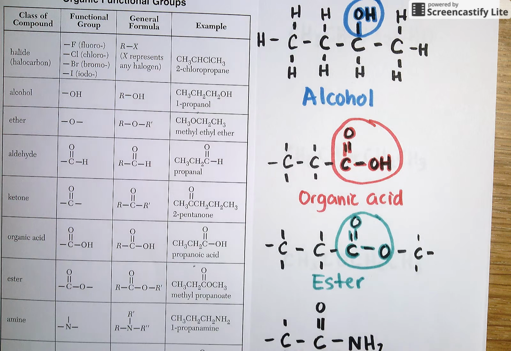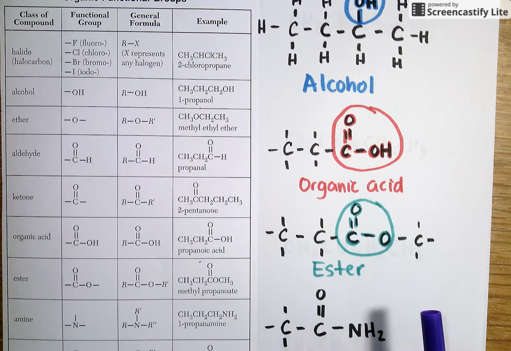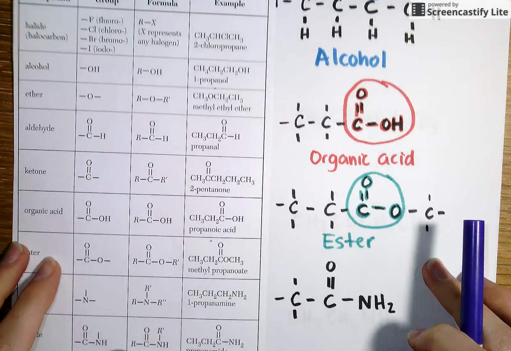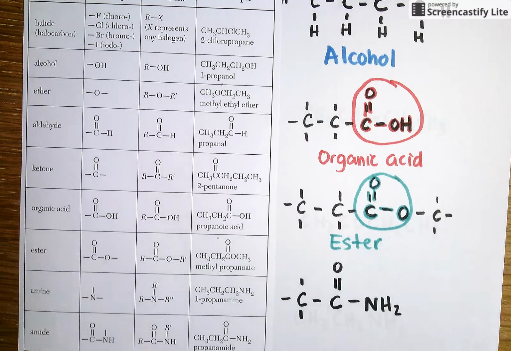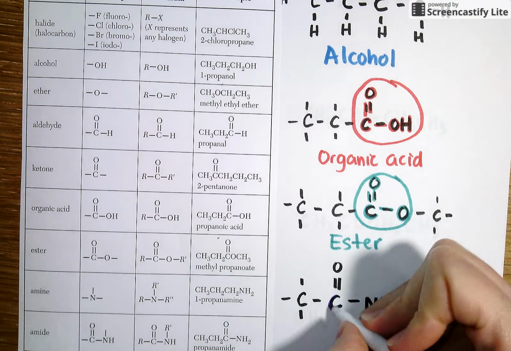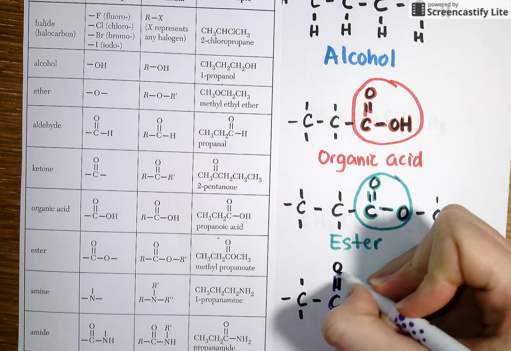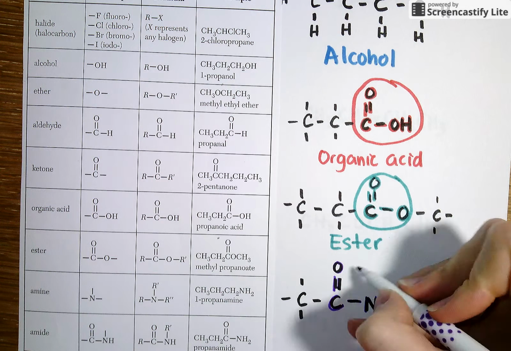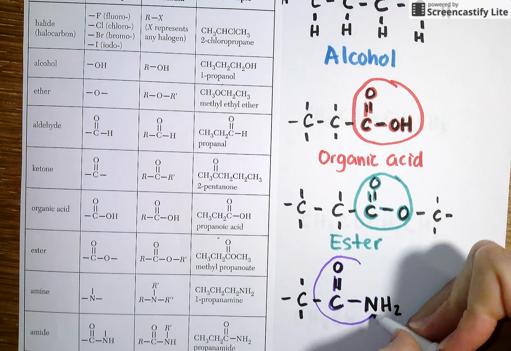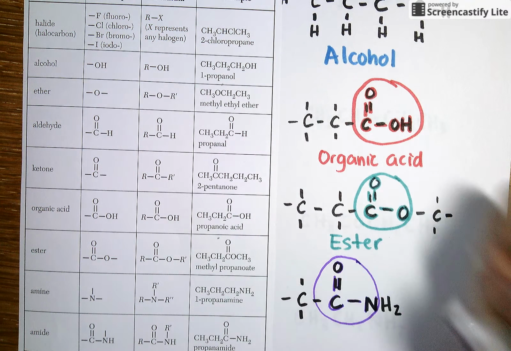Finally, structure-wise, what I see in this last molecule is some nitrogen, which we haven't seen a whole lot of this year. I've got a carbon that's double bonded to an oxygen, so that's unique, but it's also bonded to a nitrogen atom. So this whole thing is a unique functional group.